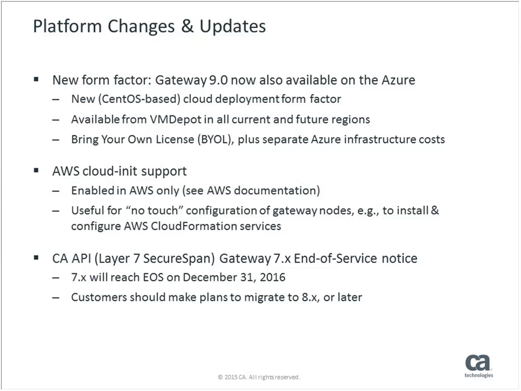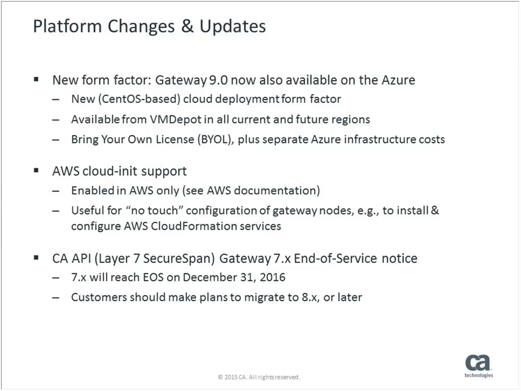And before I get off the slide, I just want to make a point, everyone, to the last note here around the end of service notice that's gone out for the 7X gateways. So these gateways are now sort of 2 versions behind the 9.0 release. So we just very recently, I think right after the GA notice for the 9.0 release, also issued an end of service notice for the 7X gateways.